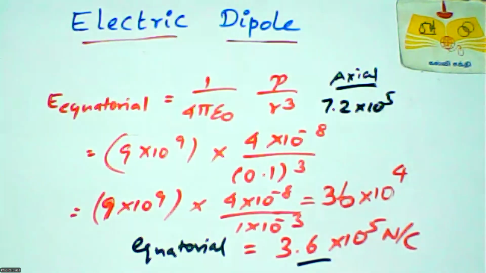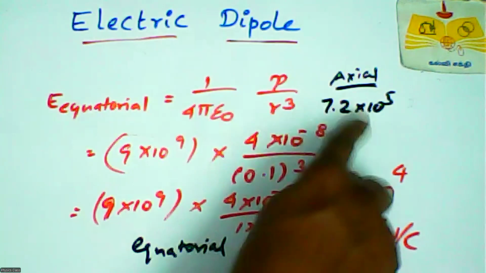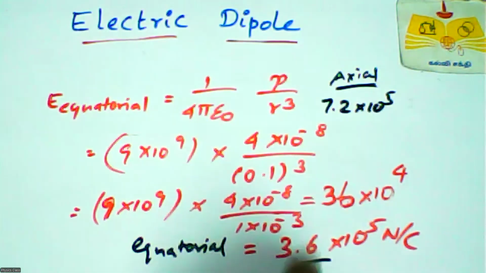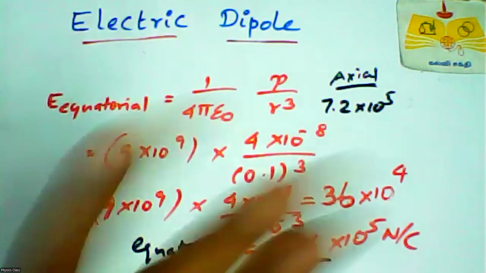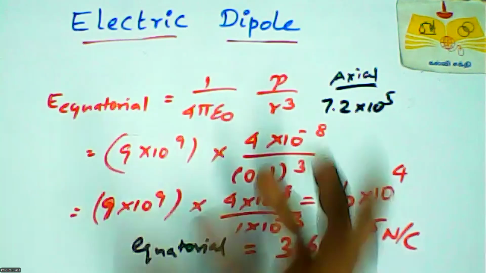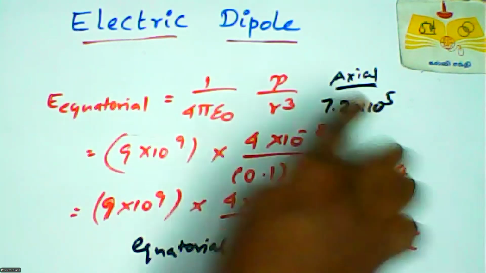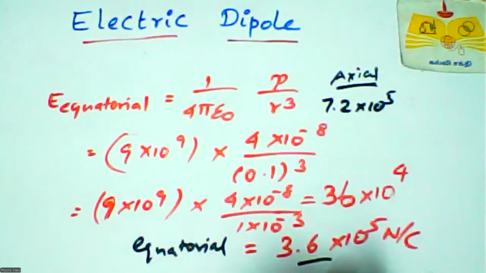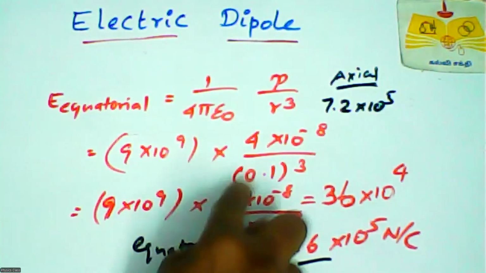So the electric field on the equatorial plane is half of the electric field due to the same dipole on the axial line. The electric field is stronger on the axial line than on the equatorial line for the same distance.